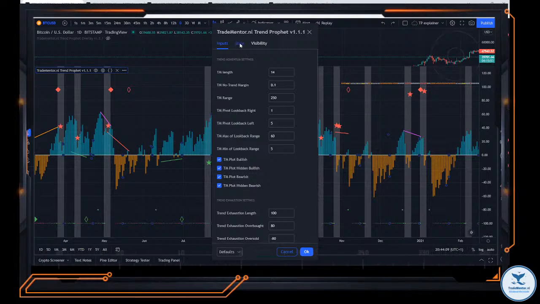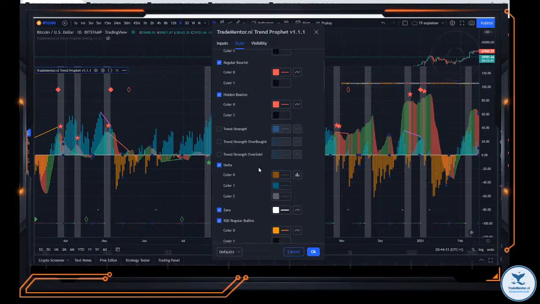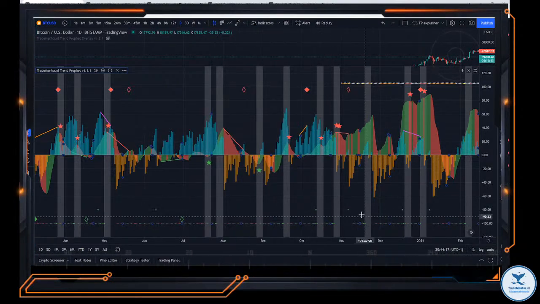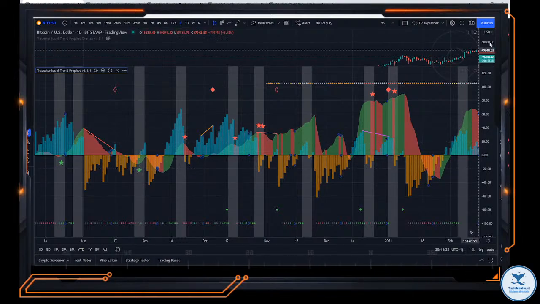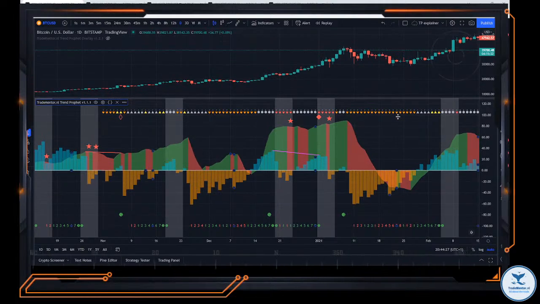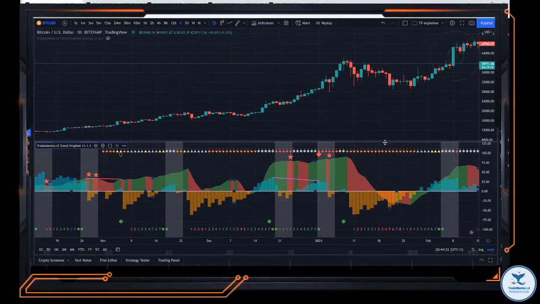So let me enable the trend momentum back, so the divergences make a bit more sense. Here you see a nice example. Let's take a look at the price. We're on the daily chart, by the way, at the moment.